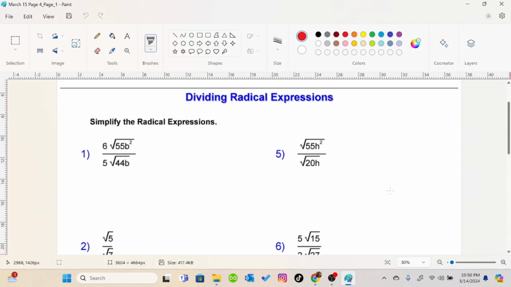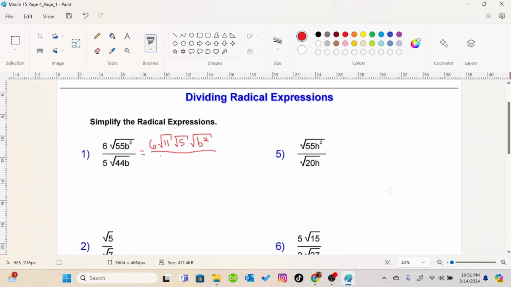Page 4, Dividing Radical Expressions. Simplify the radical expressions. So first, what I notice on the top, the square root of 55b squared is the square root of 11 times the square root of 5 times the square root of b squared.